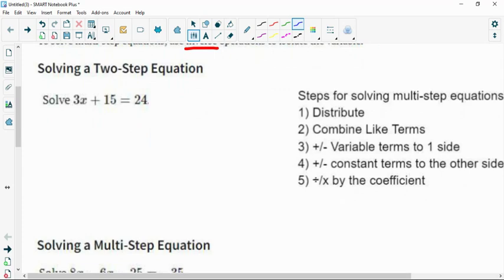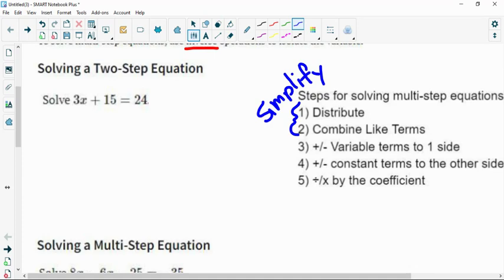First, the first 2 steps here are all about simplifying the equation so that we can start moving things so that the x is on one side and every other value is on the opposite side of x. We definitely have to simplify first, but not every equation requires the simplifying.